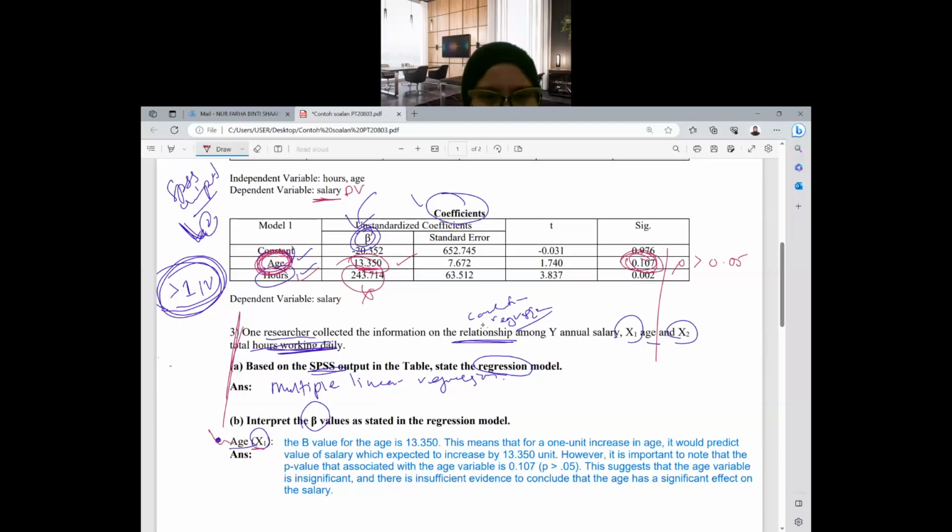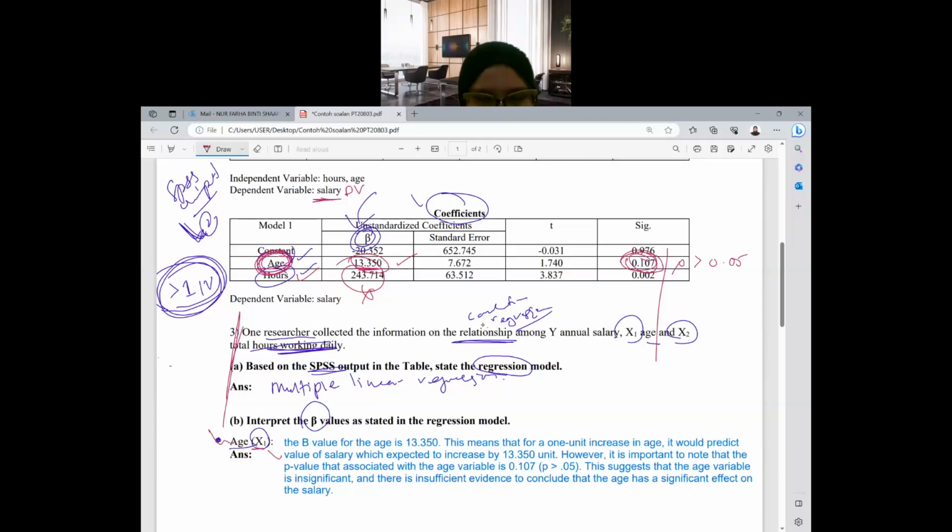It means that 1 unit increase in working hours, the predicted value of salary is expected to increase by 243.714 units. The same like this one, but the difference is the value for the beta.